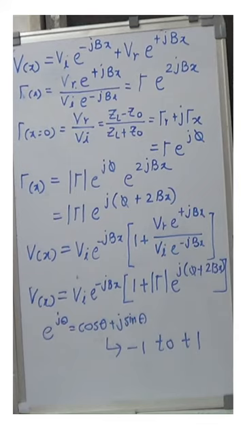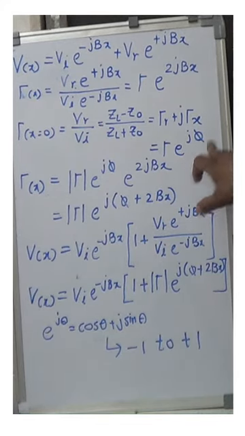So here gamma x is written, that is the ratio of two terms, Vr e raised to plus j beta x and Vi e raised to minus j beta x. So here we will get gamma e raised to 2j beta x. Now we will calculate gamma at x is equal to 0. Once we get gamma at x is equal to 0, that is gamma e raised to j phi, we will substitute this in this equation.